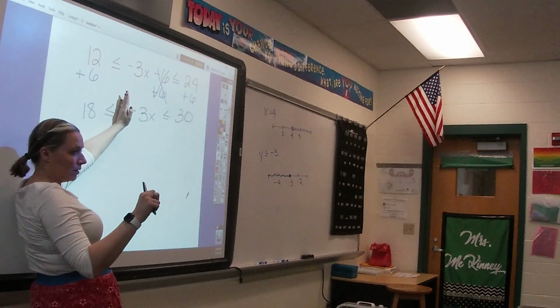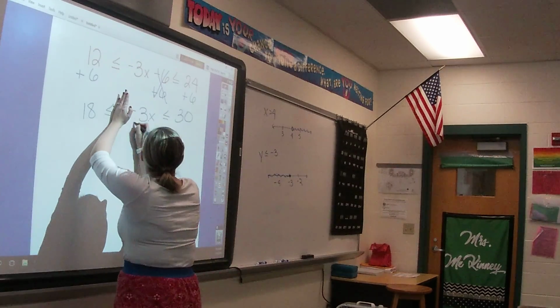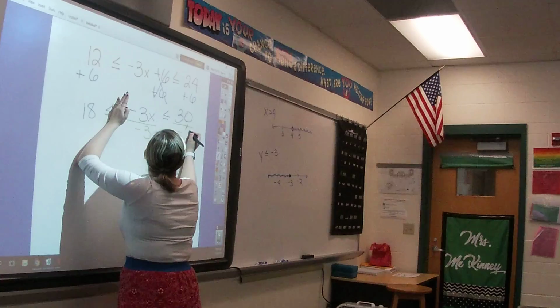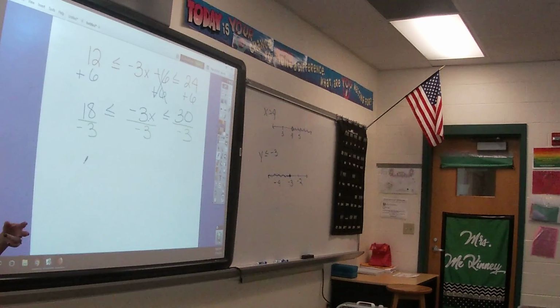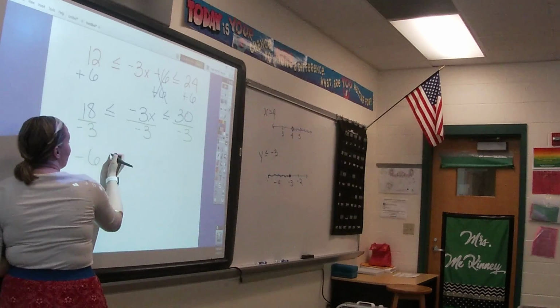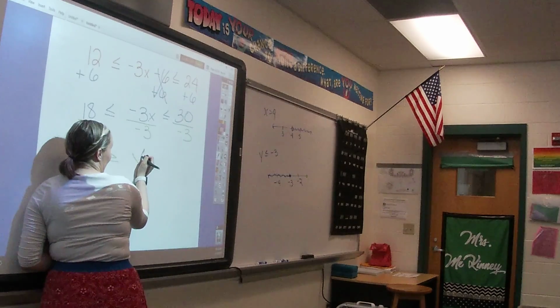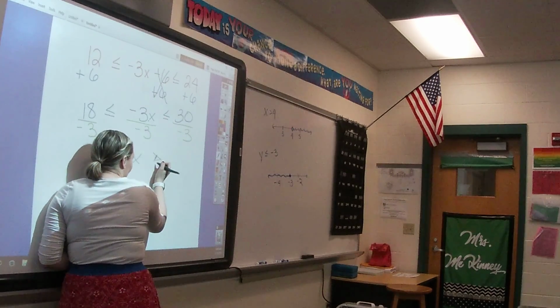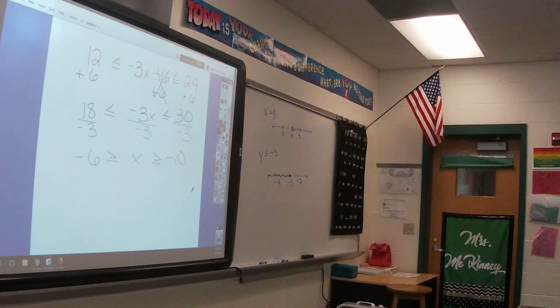Did you have another question? You're okay? So what happens when we divide by -3? We have to flip the sign. So how many signs are we going to have to flip on this one? 2. So this becomes -6 is greater than or equal to x, which is greater than or equal to -10. So let's check.